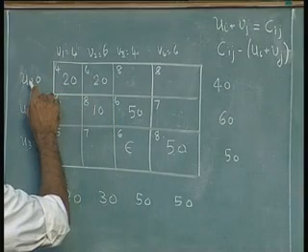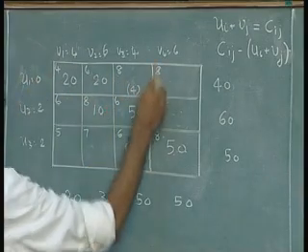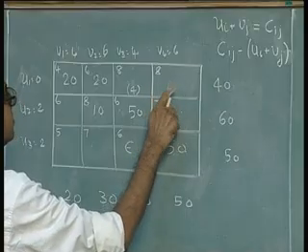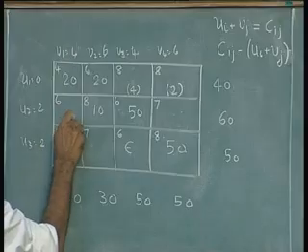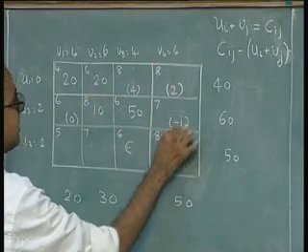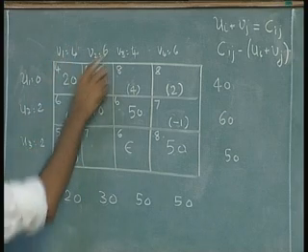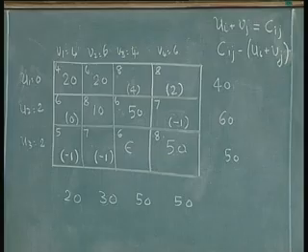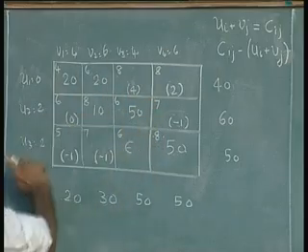So this is 0 plus 4, 4, 8 minus 4 is 4, 0 plus 6 is 6, 8 minus 6 is 2, 2 plus 4 is 6, we have a 0 here, 2 plus 6 is 8, so we have a minus 1 here, 2 plus 4 is 6, we have a minus 1 here, 2 plus 6 is 8, we have a minus 1 here. So there are 3 places which have a minus 1. Cij minus (ui plus vj) is minus 1 and so on.